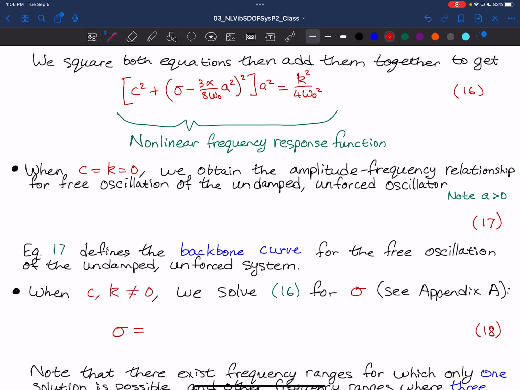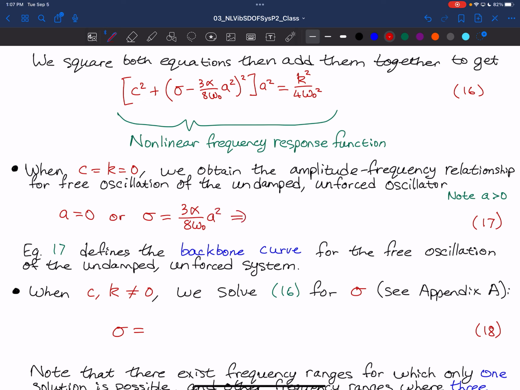Okay, so from this equation, if we substitute in when c is equal to 0 and then k is equal to 0, which is the undamped, unforced oscillator response, we will end up with the following. Either A is equal to 0, or σ is equal to 3α/(8ω0) times A².